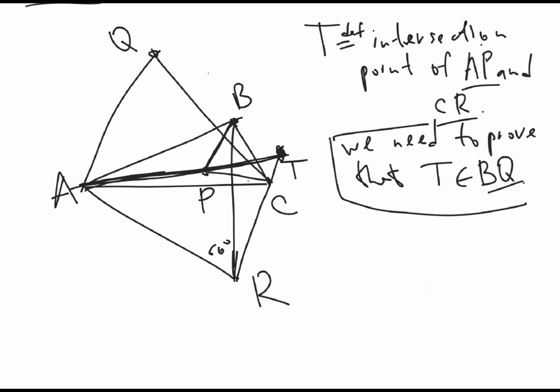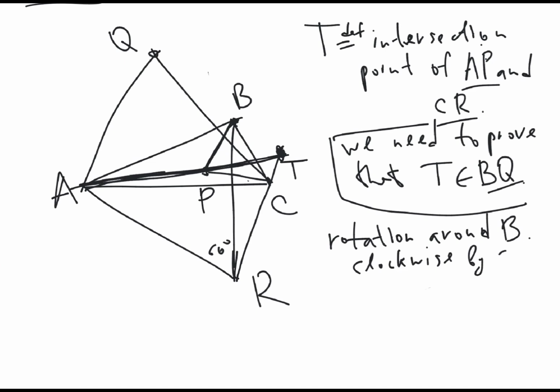So we will use this now in this problem. So consider the rotation around point B clockwise by 60 degrees. Clockwise means in this direction by 60 degrees.